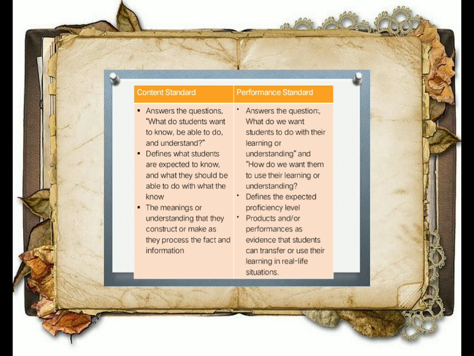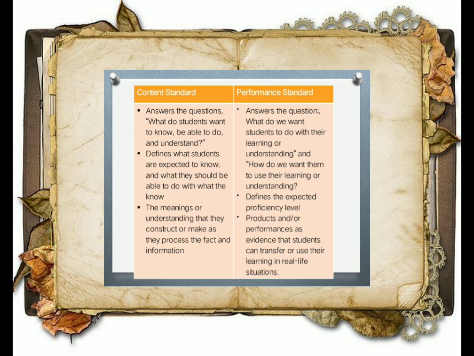Next, here in content standards, it defines what students are expected to know: knowledge, facts, and information, and what they should be able to do, the process or skills, with what they know. In performance standards, it defines the expected proficiency level.